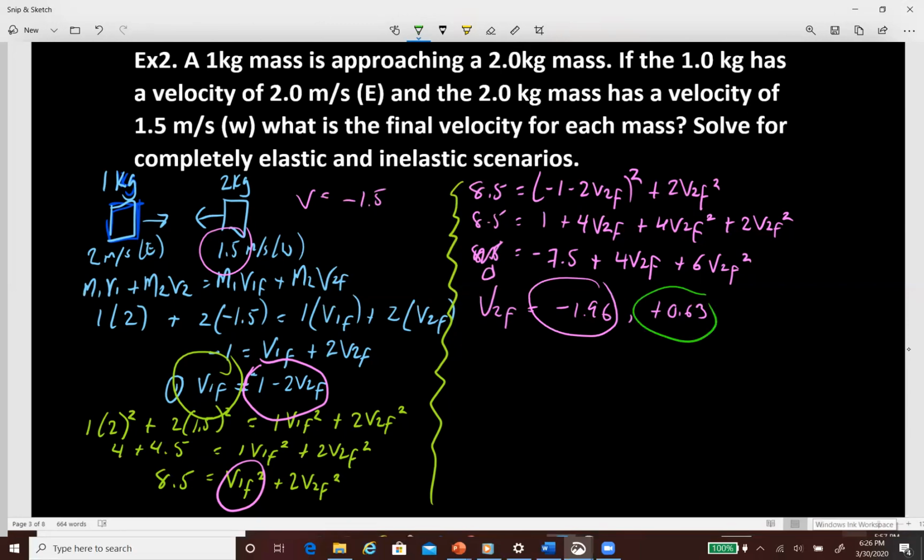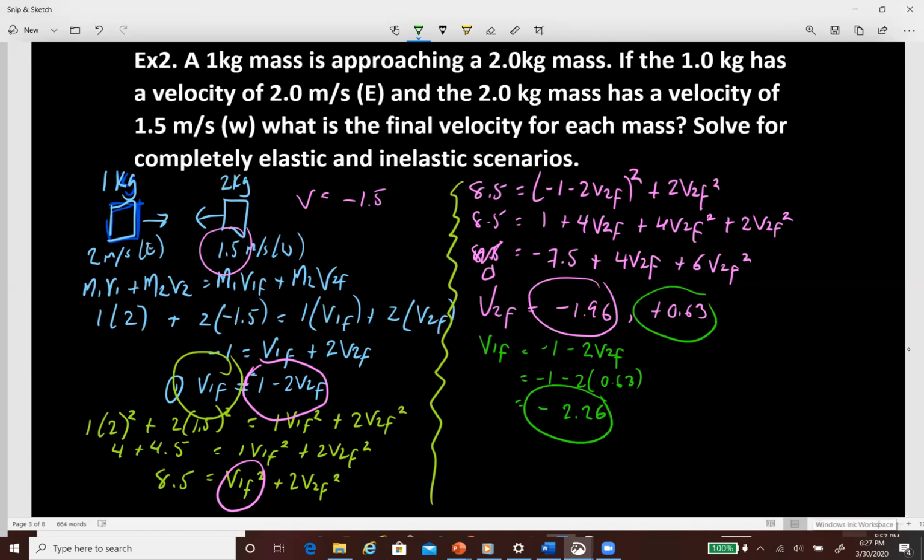So we are going to now plug that in to figure out what V1F is. So from before, V1F is negative 1 minus 2 V2F. So if we plug that in, minus 1 minus 2 times 0.63, it's going to give us a velocity of minus 2.26.